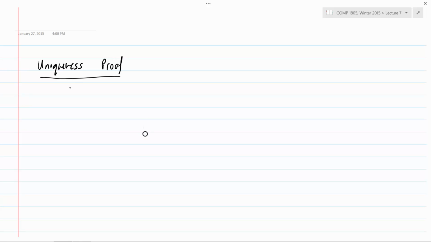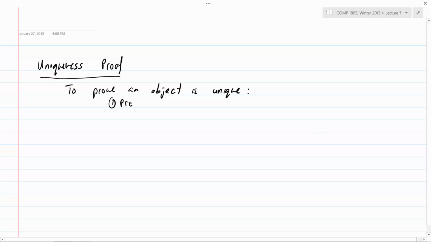So to prove an object is unique, you first have to prove it exists. And you can do that constructively or non-constructively, although typically if you're going to prove that it's unique, you tend to do it constructively.